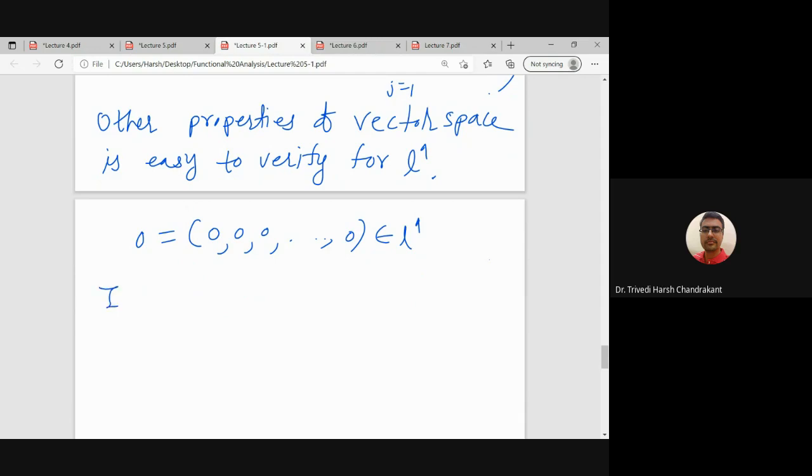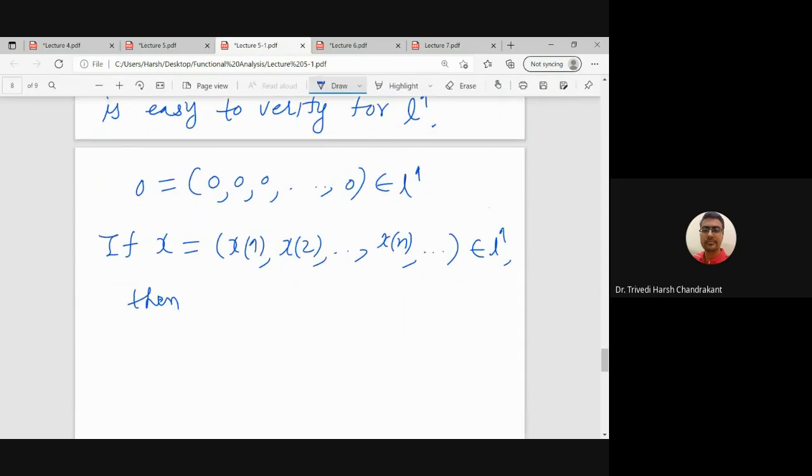On the other hand, if x is x1, x2, xn, and this is in L1, then what can we say about the negative element of this? To show it is a vector space, we need to find the negative element.